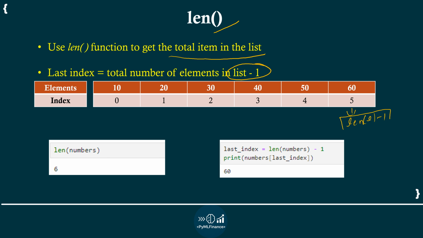This will always be your last index of the list. So you can use the len function on the given list object, and you get the number of items in the list. You can see here we have calculated the last index, which is length of list minus 1, and if you try to fetch the last index, you get 60 here. The value at the last index in the list is 60.